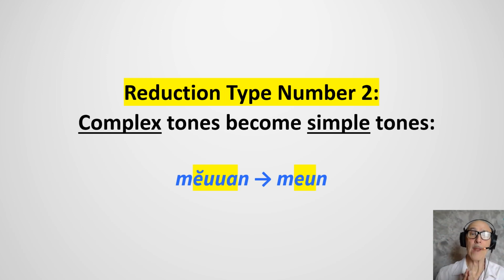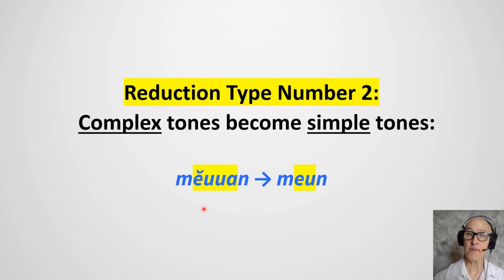Okay, so what very commonly happens in everyday conversational Thai is that these complex tones become simple tones. Really super common and a great shortcut. So here's an example. Here's the word moon, like moon kan, a diphthong, right?